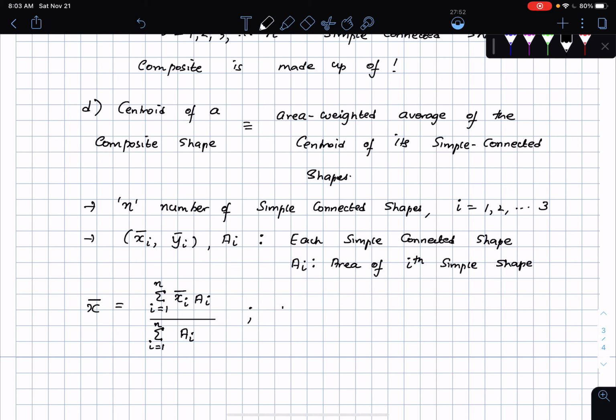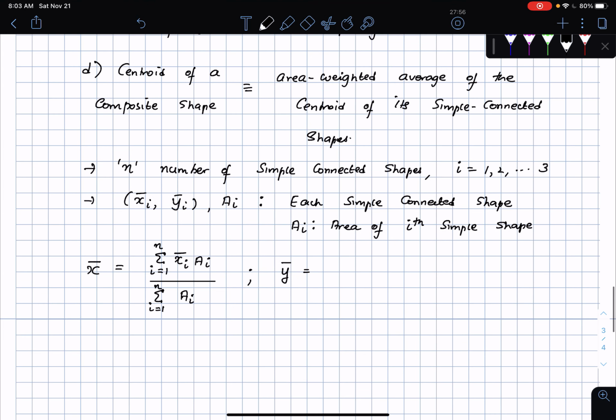Then likewise y bar, and I will write down what x bar and y bar are. This is going to be summation from i equal to 1 to n of yi bar multiplied by ai, over the sum from i equal to 1 to n of ai.